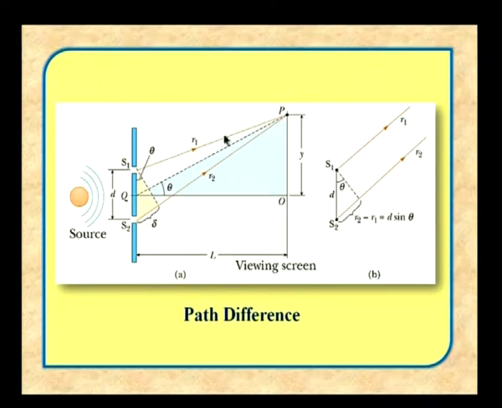Let me again tell you, at S1 you got a crest, at this point also you got a crest, right. Because lambda is the same, you got a crest here, then the two crests will come and meet at a point P. When a crest meets a crest, what will happen? There will be a constructive interference.